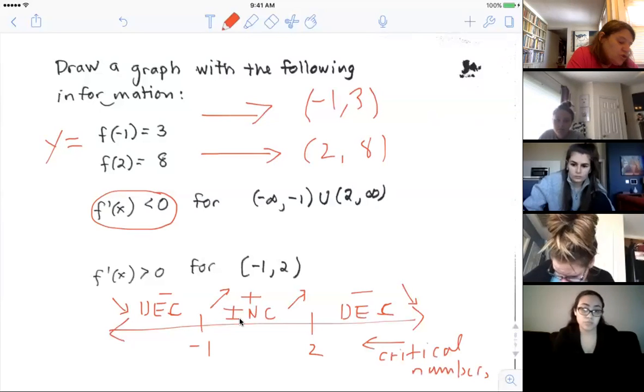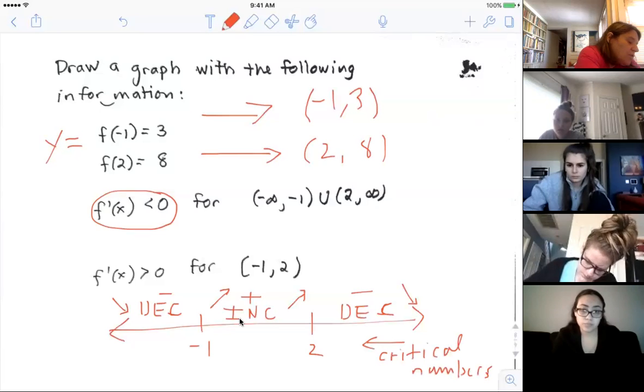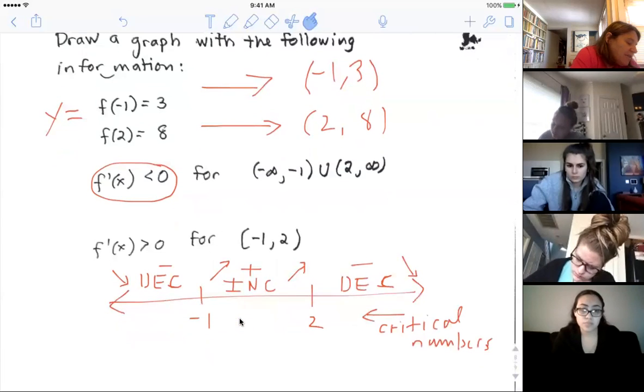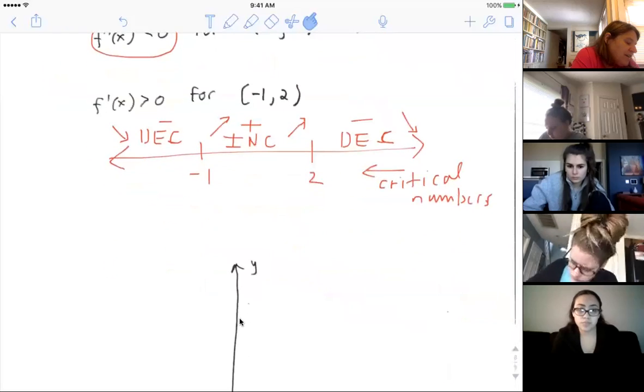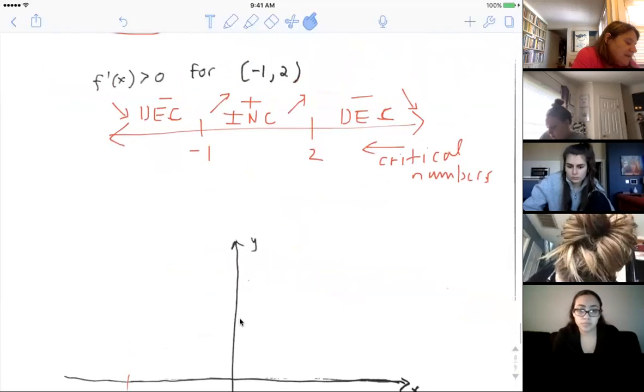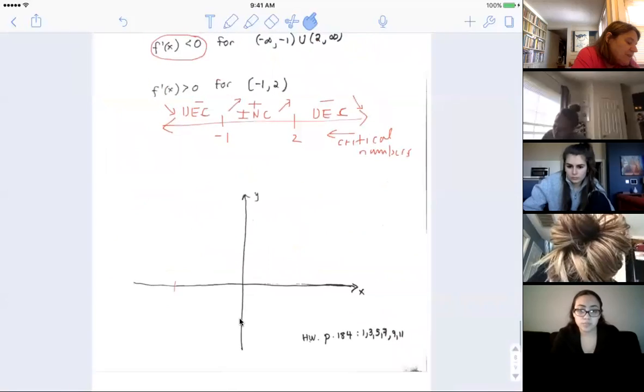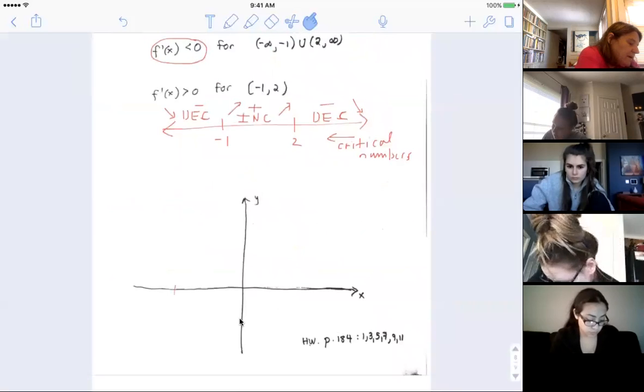Okay, so what I've got is all of this information about decreasing, increasing, and I want to try to graph it. Now, here's what I'm going to do to graph it. First thing I'm going to do is put my points on. So -1 and 3, I'll put that one on first.